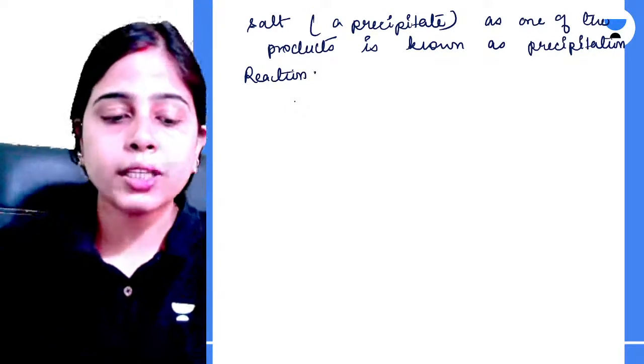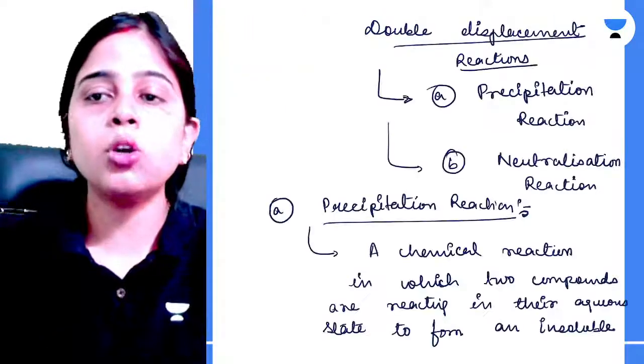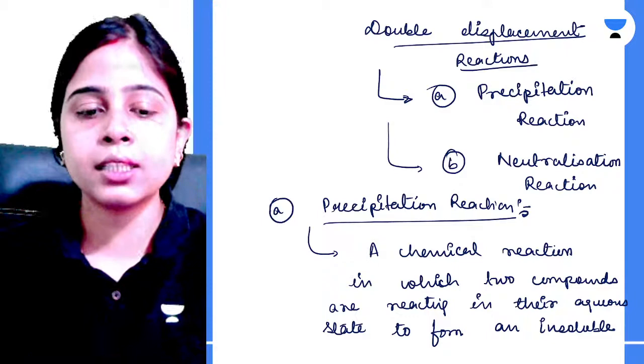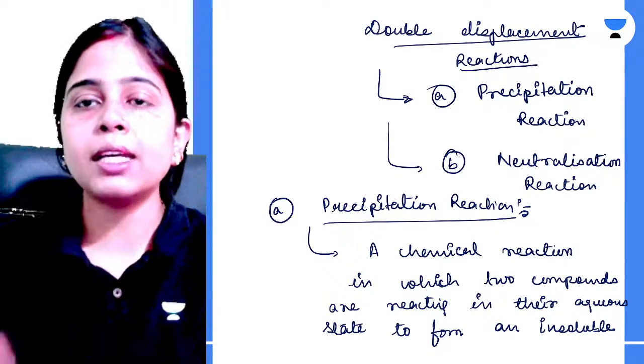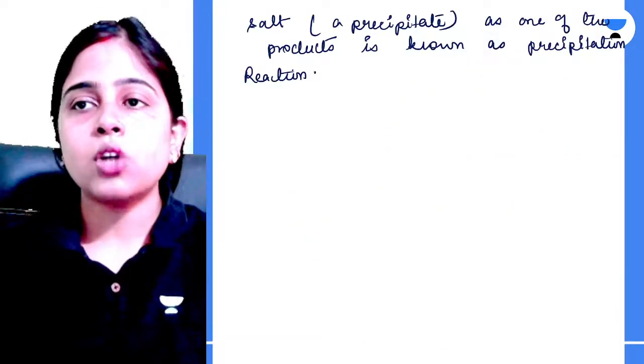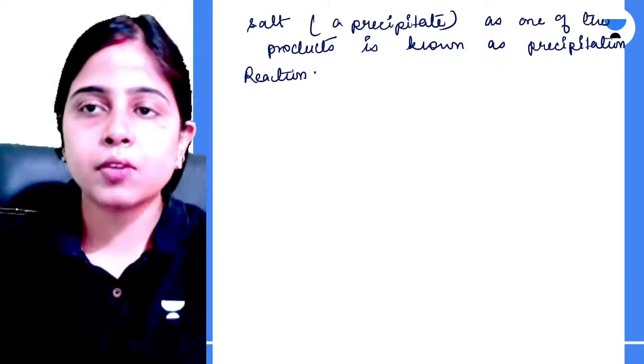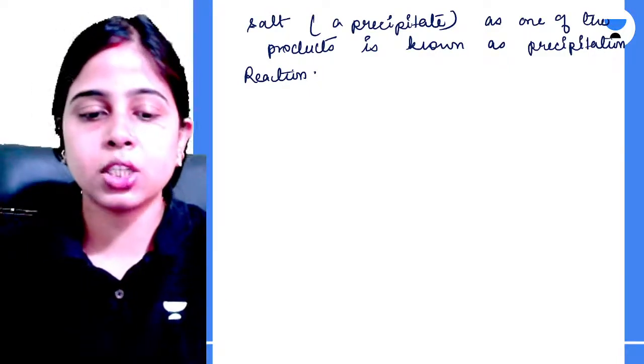Clear? So what is happening over here? Two compounds are reacting in their aqueous state to form an insoluble salt, that is your precipitate, as one of the products, which is known as your precipitation reaction.